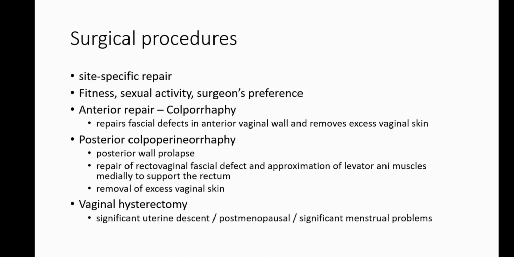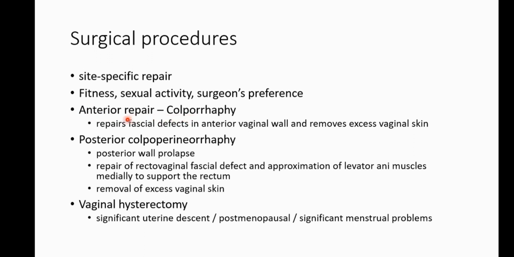As far as the surgical procedures are concerned, they depend upon the fitness, the requirements of sexual activity, or surgeon preference. If there is anterior vaginal wall prolapse, there can be colporrhaphy, in which we remove the redundant or excess vaginal skin and repair the fascial defects in the anterior vaginal wall.